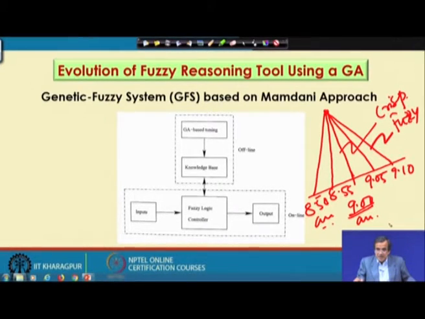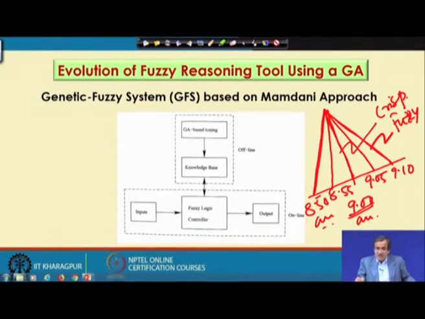So, this triangular representation is nothing but the fuzzy set for the time 9:00 am, and this vertical line is actually the crisp set representation for the 9 am. On the other hand, this triangle is the fuzzy set representation for 9 am.